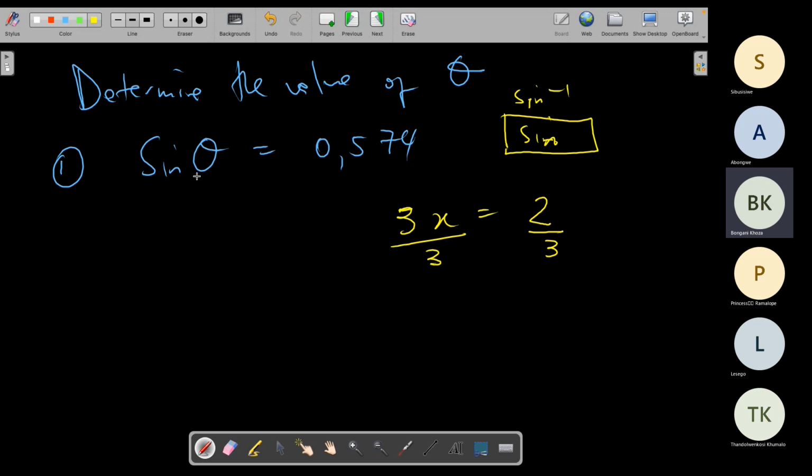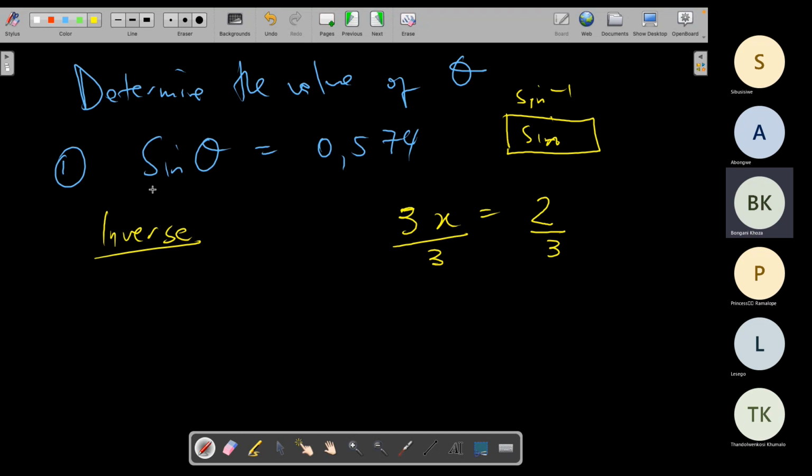The equivalent of dividing by sine is applying what we call the inverse of sine. So applying the inverse, we have theta equals sine to the exponent -1.